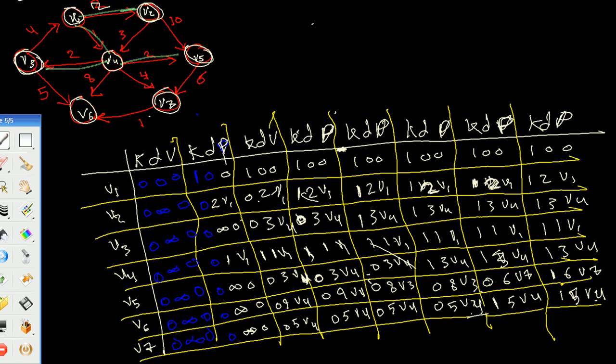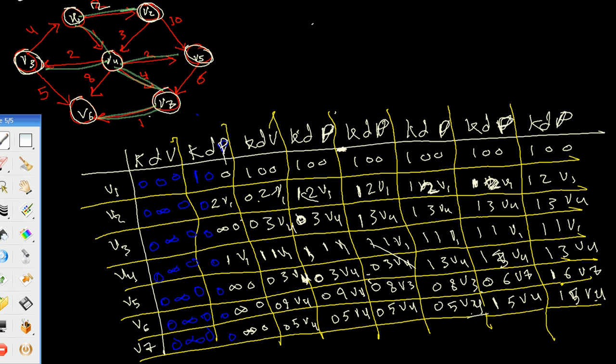And V4 to V5, V7 to V6, and V4 to V7. So this will be the minimum shortest path.